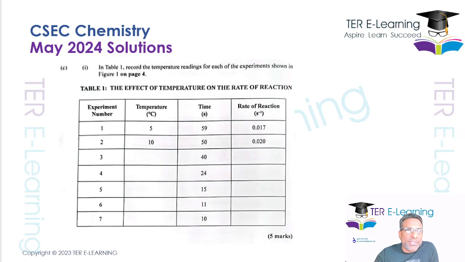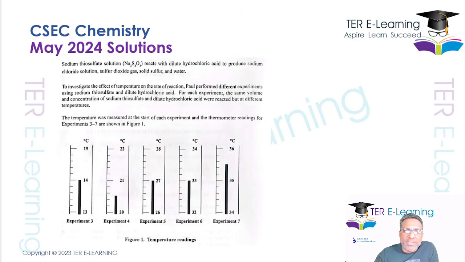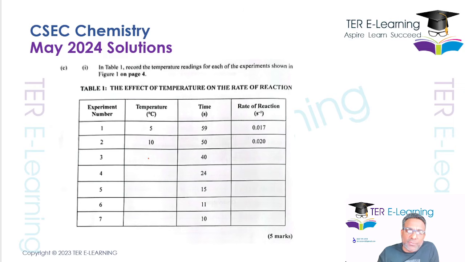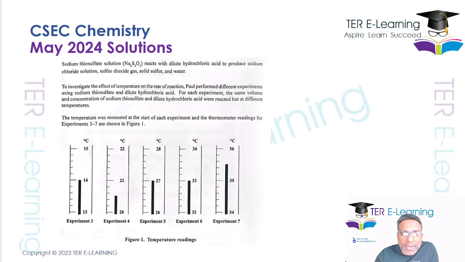Let's get the temperatures first. From the third experiment, it's 14 degrees Celsius. So this is 14 here. The next temperature, that's experiment 4, that's 20. Right, we need to understand the scale here. So you have 20 here, 21, so that's 20.2, 20.4.